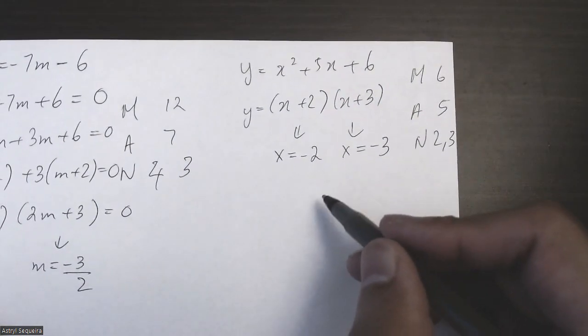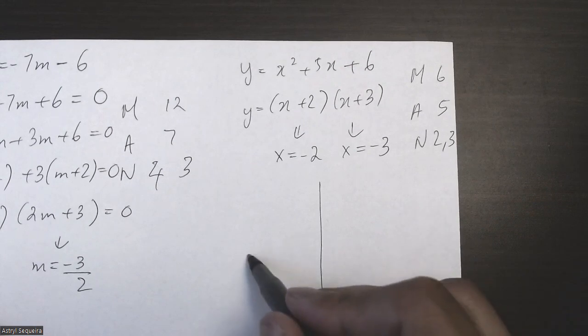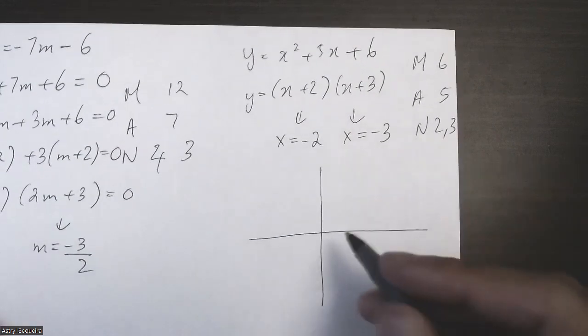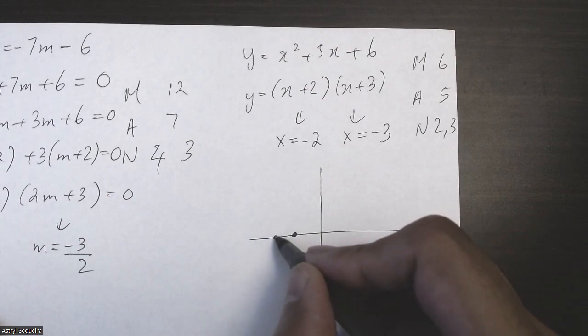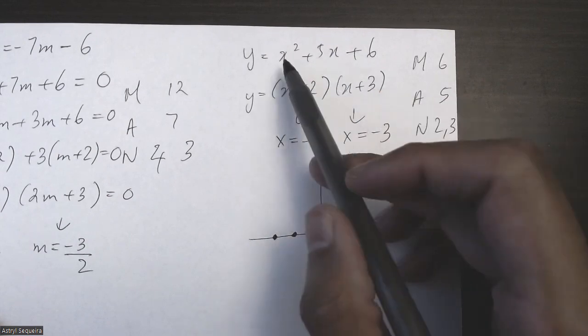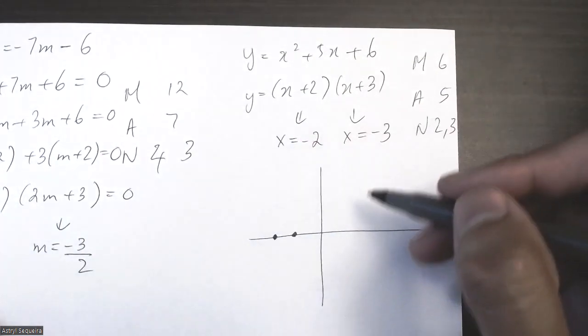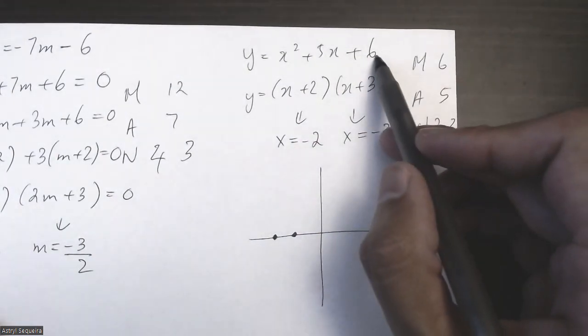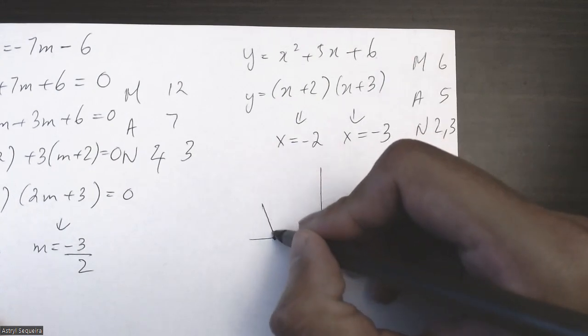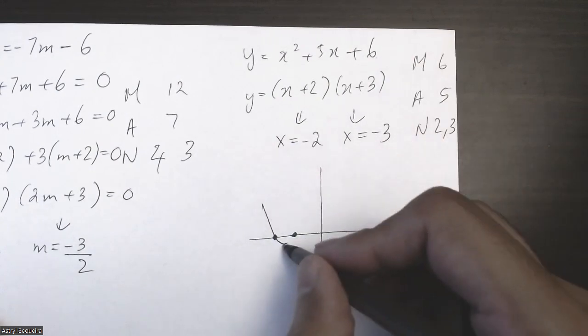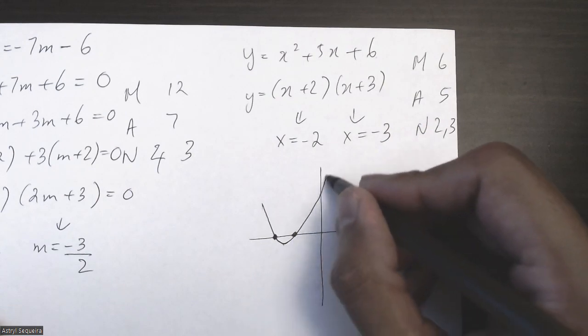So we can sketch this out now. -2, -3, and we know this is a positive graph, so it's going to open up. We also know that the y-intercept from standard form is 6. Let's sketch it out. Doesn't have to be super accurate to sketch.